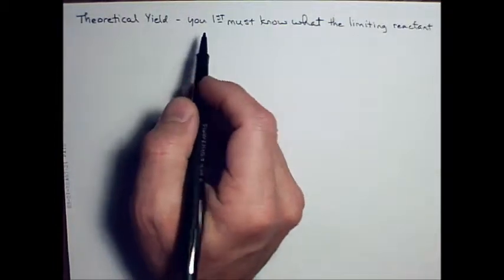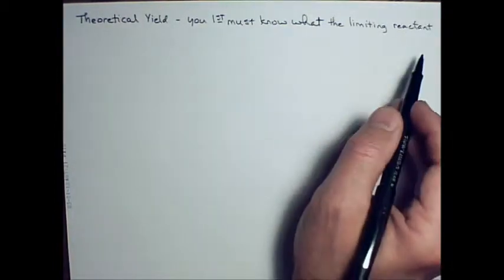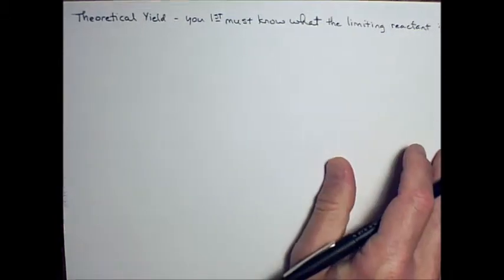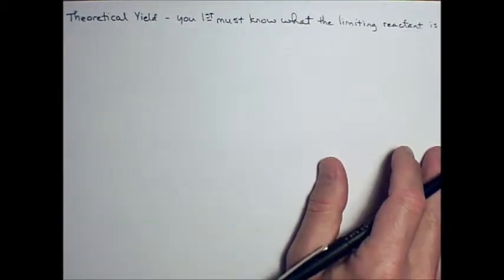All right. So you have to know what the limiting reactant is before you can calculate what the theoretical yield is. Now, the limiting reactant is a chemical species, okay?